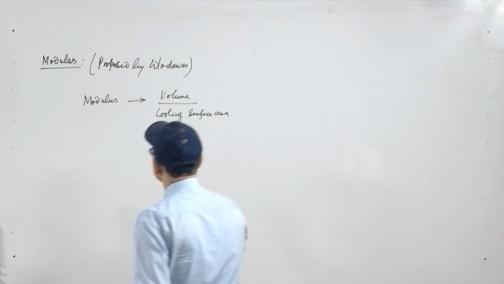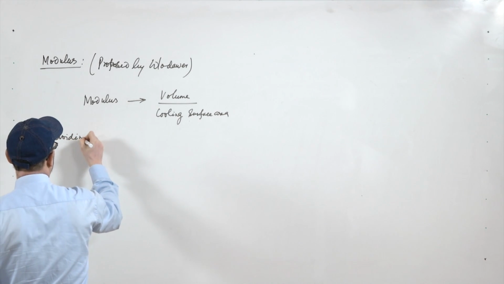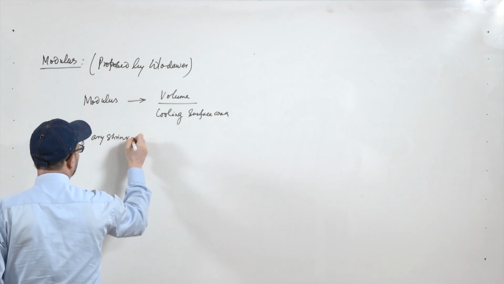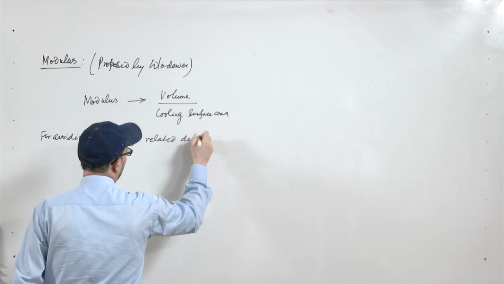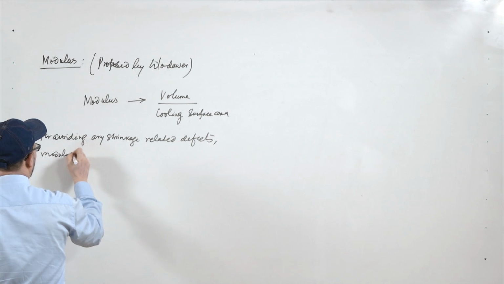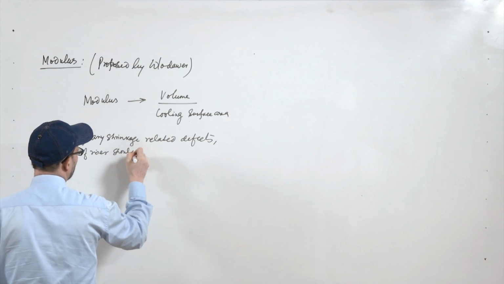So, for avoiding any shrinkage related defects, modulus of riser should be more than modulus of casting.